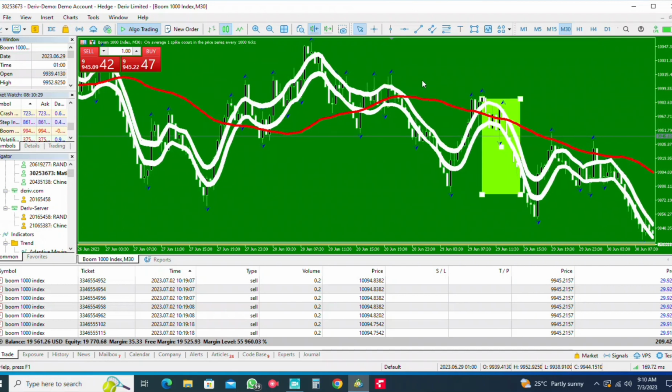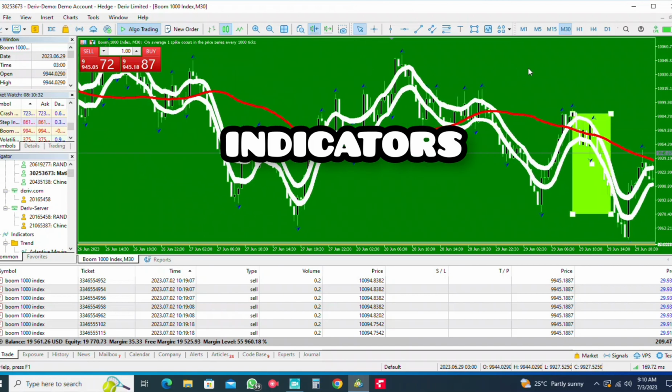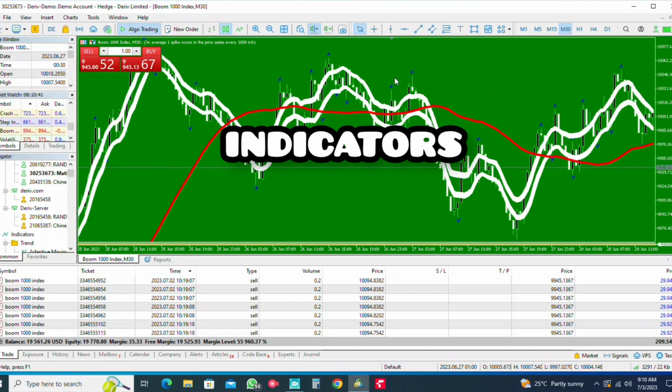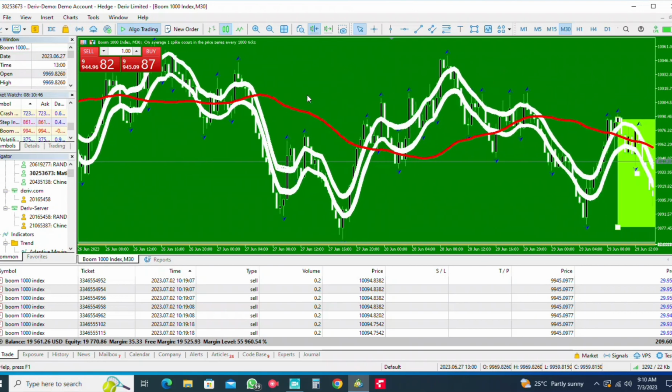Back to the lesson for the day. You can see the indicators, the first and second layer of the indicator that has been built around the market, which mimics the market 100%.